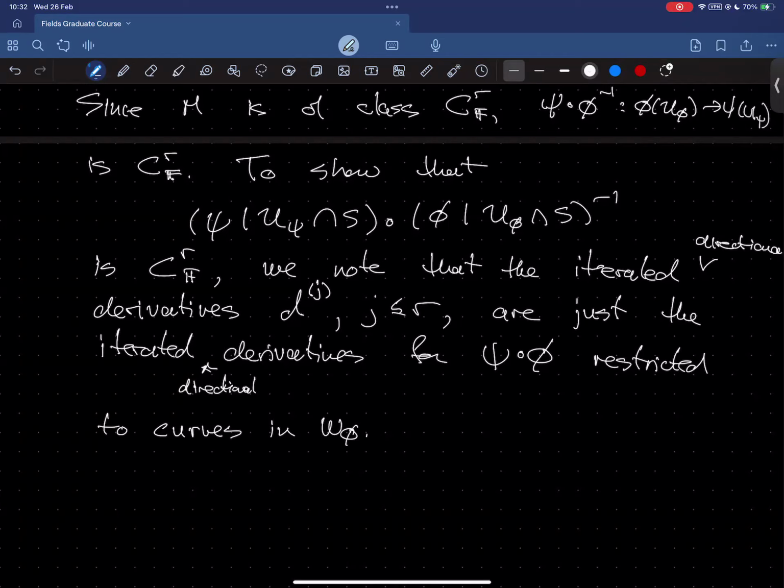And so we know that those iterated directional derivatives exist and are continuous.